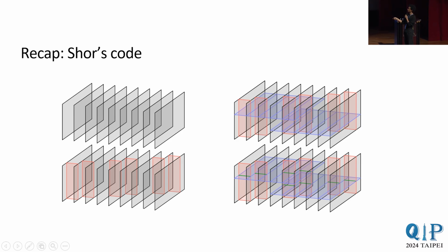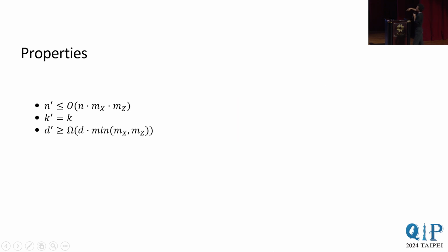These are going to map to lattice surgery patches. You do the same thing for X-type checks here in blue. And finally, you repair the commutation relations with these green defects. When you do that, you have certain properties that I've mentioned before.